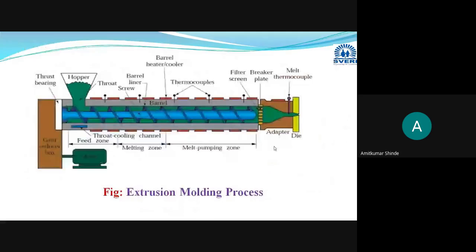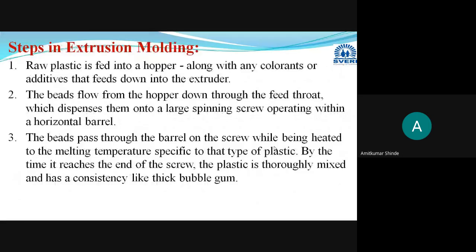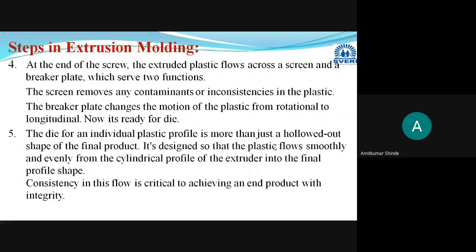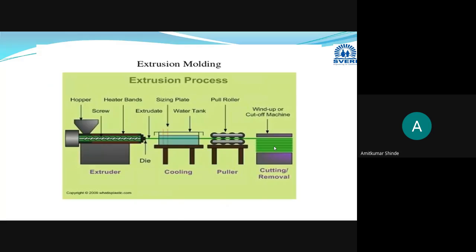We started with the meaning of the extrusion molding process, the steps involved, constructional details, and the basic working principle, how the process is followed, and the stages through which we get the extruded product.